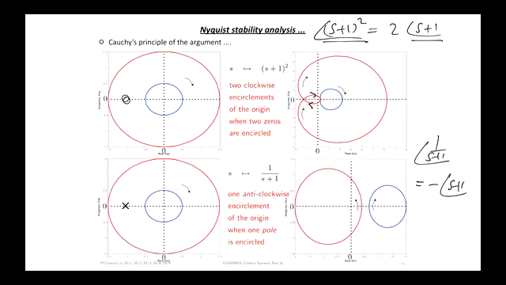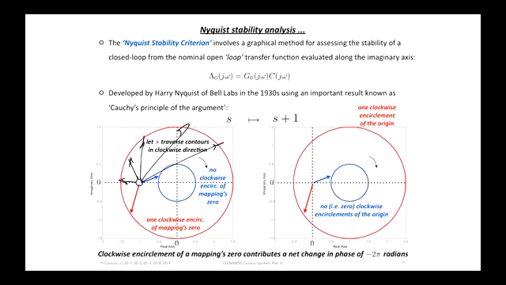Okay? So when we have a pole of the rational function that we're evaluating along the contour, inside the contour, we get an anti-clockwise encirclement of the origin. Whereas for a 0, we ended up with a clockwise encirclement of the origin.